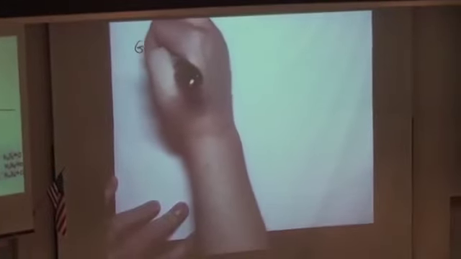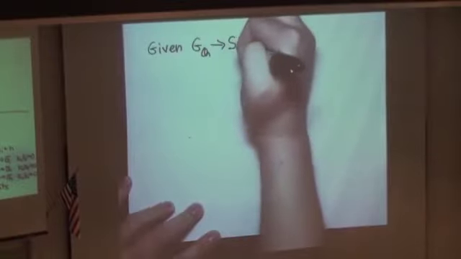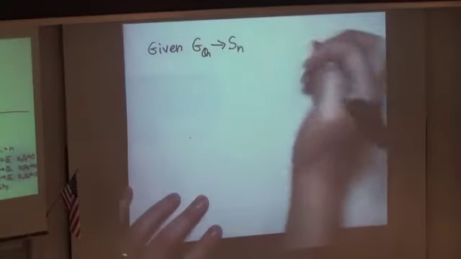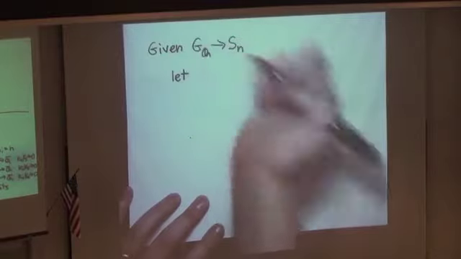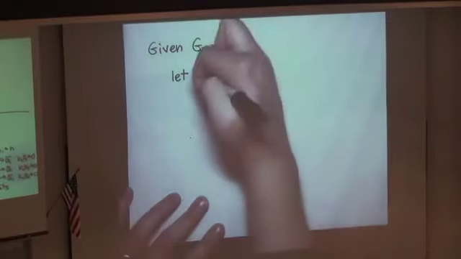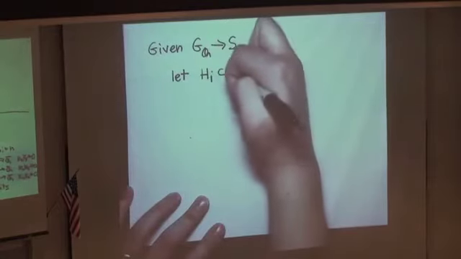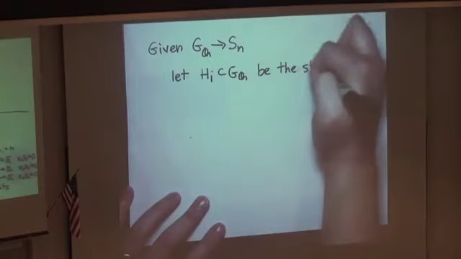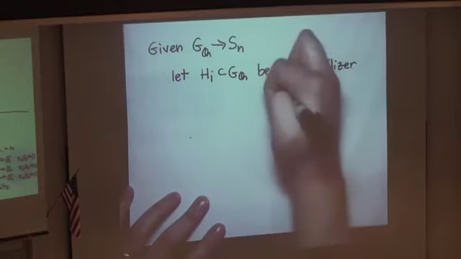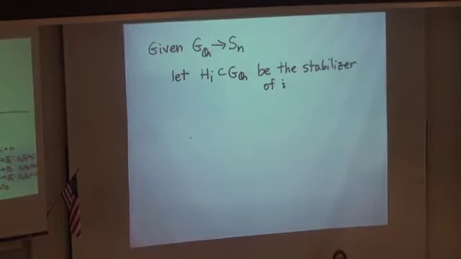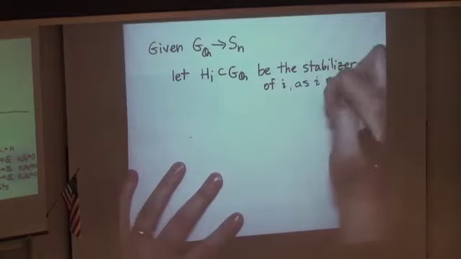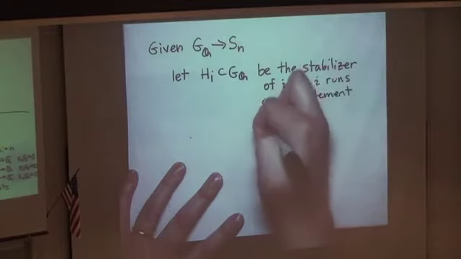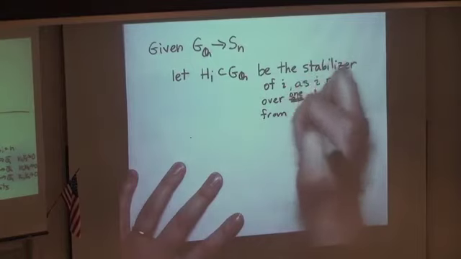Given a continuous homomorphism from GQ to S_n, the permutation group, let Hi in GQ be the stabilizer of i, not as i runs from 1 through n, but as i runs over one element from each orbit.